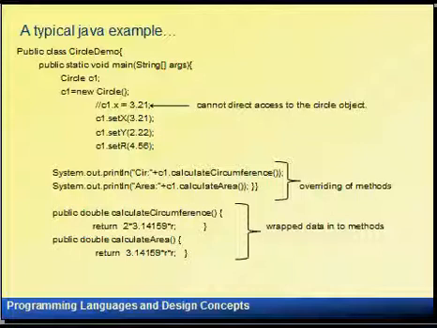So in the first stage, it creates an object from the circle class called C1, and if you want to get the area of the circle, you have to call the method called calculate area, and if you want the circumference of that circle, we have to call calculate circumference. So the two operations are wrapped into those two methods.